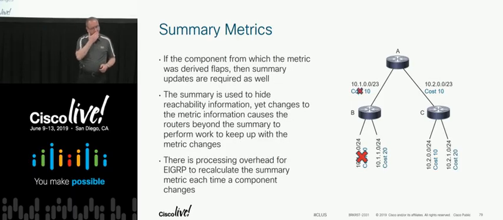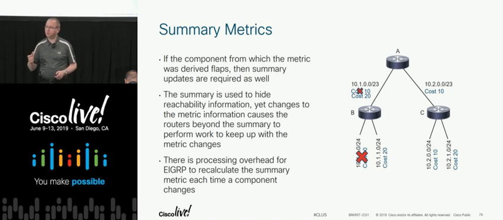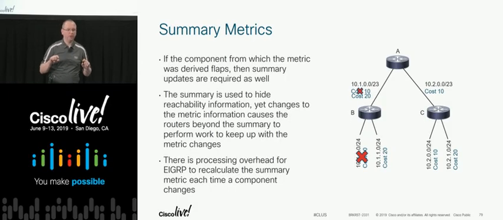If a component of a summary route gets deleted, or if you learn about a new component that you are hiding under the summary, because of this rule of keeping the summary as cheap as the cheapest component, you recalculate the new cheapest metric and possibly re-advertise the very same summary just with the updated metric.